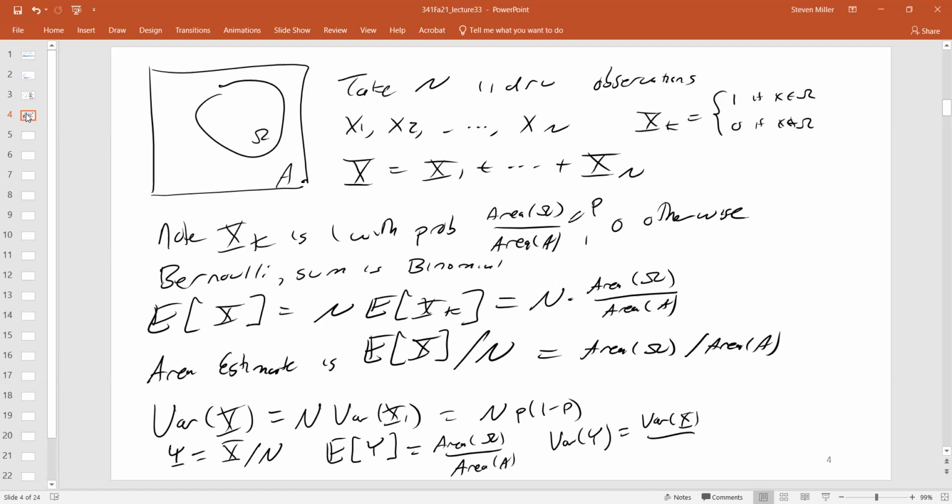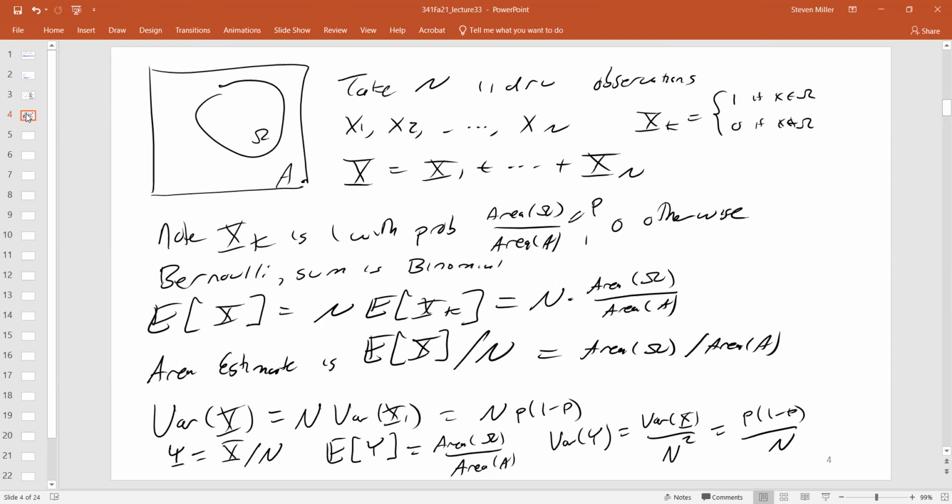So we divide x by n. If you multiply a random variable by 5, what do you do to its variance? By 5 squared. The standard deviation is unchanged. So the variance of y would be the variance of x over n squared. So this would become p(1 minus p) over n.